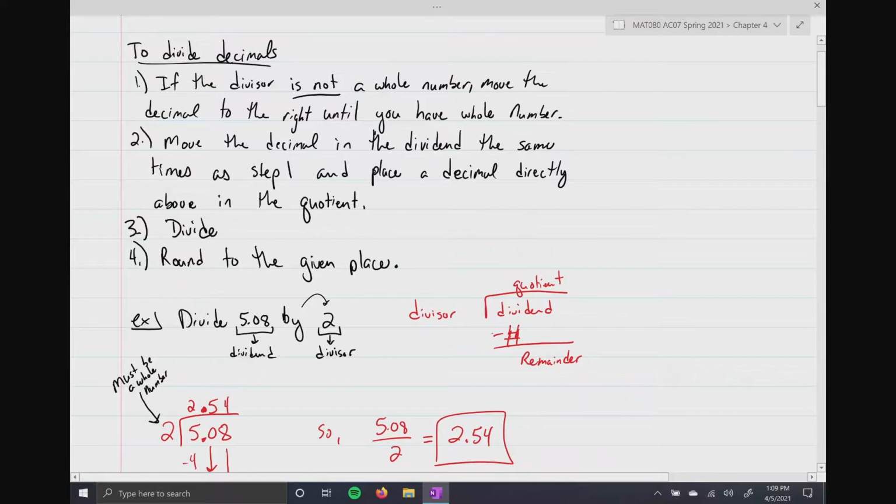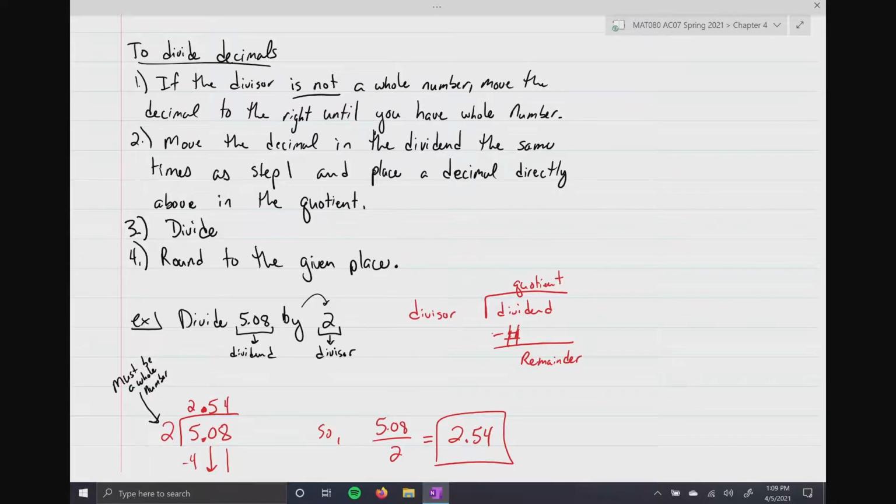If it's not, you move the decimal place to the right until it is a whole number. Count the number of times you move it, because in the dividend you have to move that decimal place to the right the same number of times also. Once you place the decimal, it's downhill. You just divide. That's it.